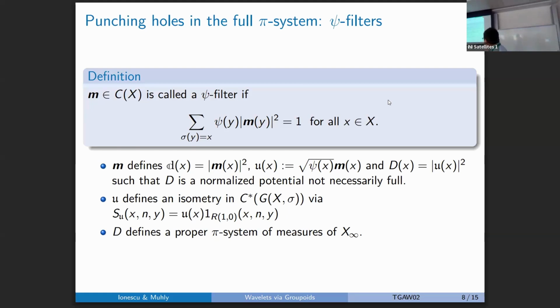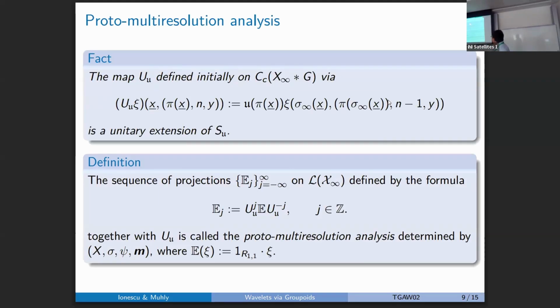that. So the next step is we want to find the unitary extension of this isometry, and of course, this will be on the C*-correspondence that's obtained by completing Cc of X infinity star G, and I'm going to call it also X infinity, that completion.